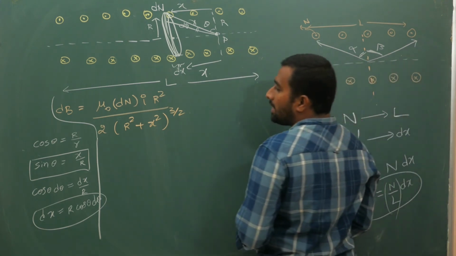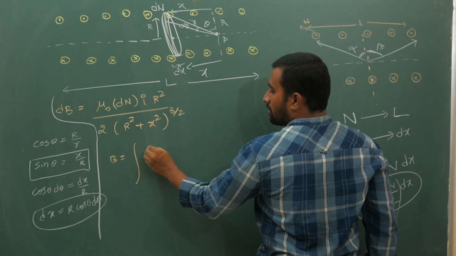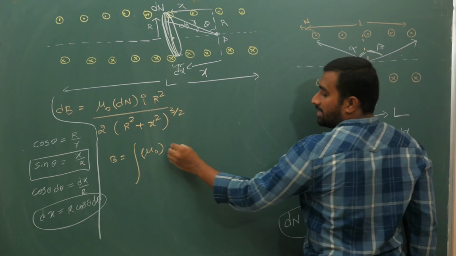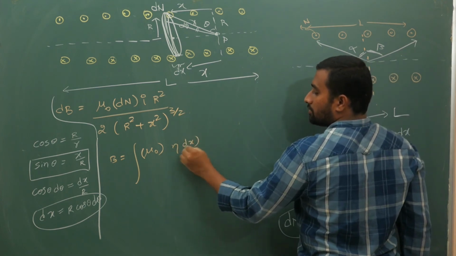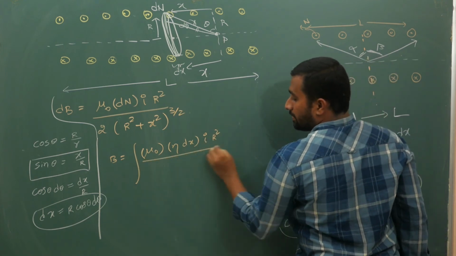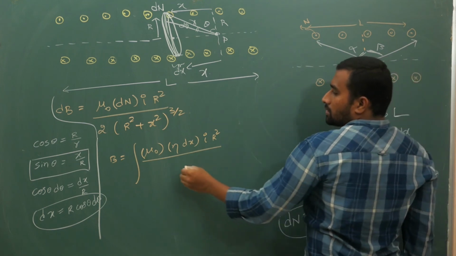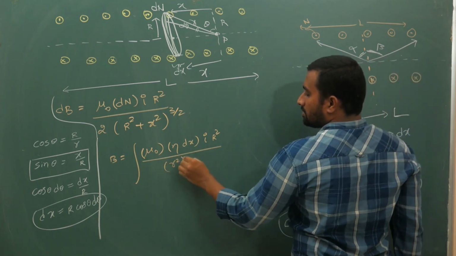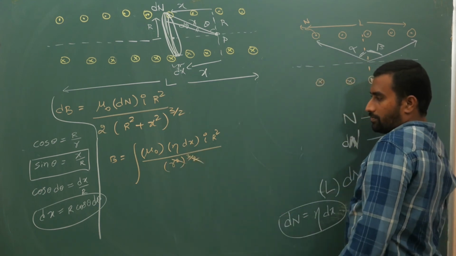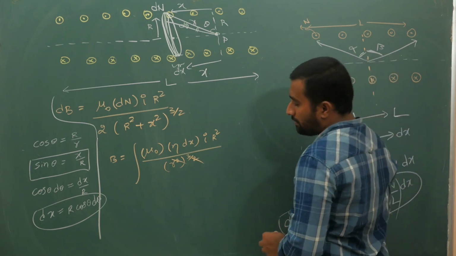Now I will substitute this expression into that part. So your small magnetic field dB, I will integrate. Your B is the integral of mu naught into n dx, number of turns per unit length into dx, times I into R square, divided by R square plus x square, which is small r square, whole power 3 by 2. This square will cancel off, you will get r cube, and dx is r cos theta d theta. So I will substitute it back.